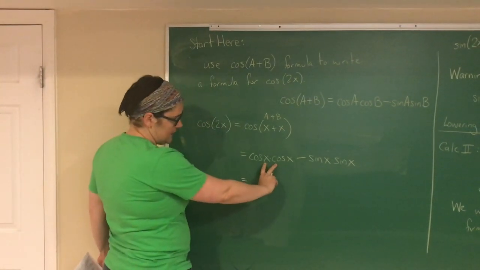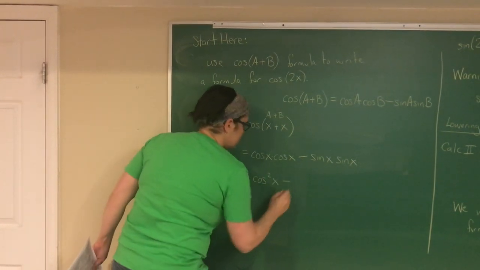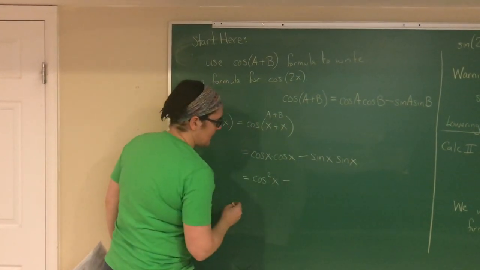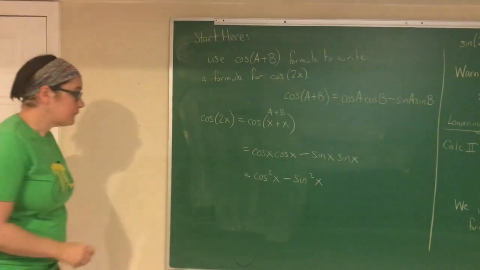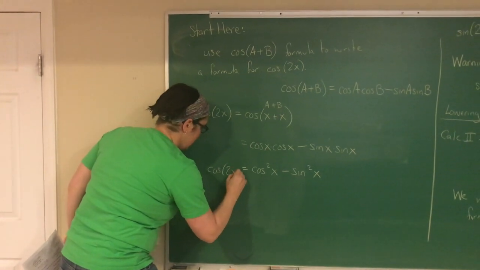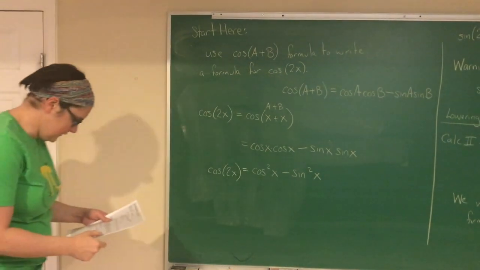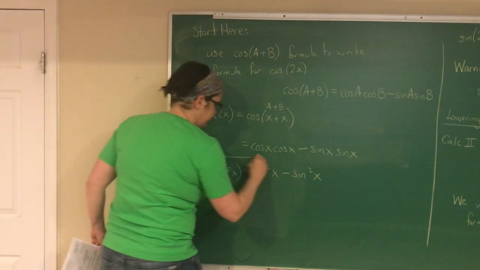I have cosine of x times cosine of x, that's cosine squared of x, minus sine of x times sine of x is sine squared x. So what we've just written down is that cosine of 2x is equal to cosine squared x minus sine squared x.